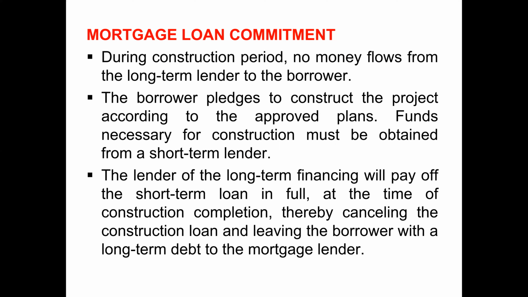They will give a loan of 80% of that value, and then whatever loan they extend, from that loan they will repay that construction loan. So it means the building will be free from the construction loan, and only the mortgage loan will be left with the owner of the project, and from the mortgage loan they can finance the next project.